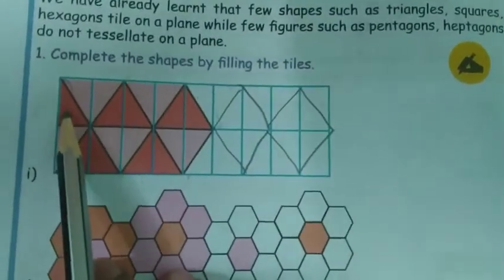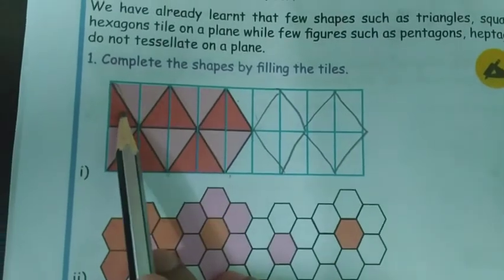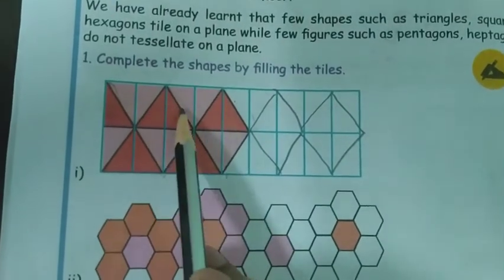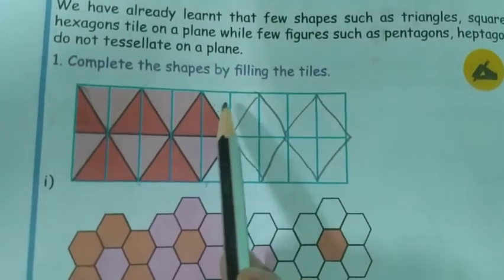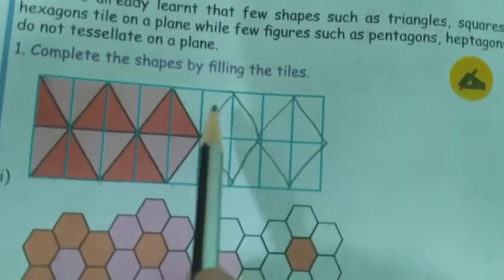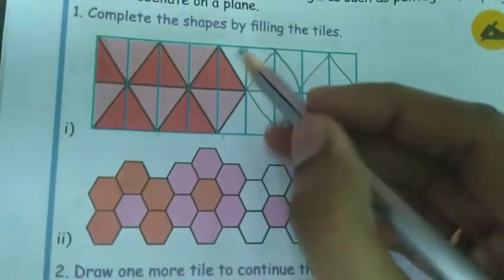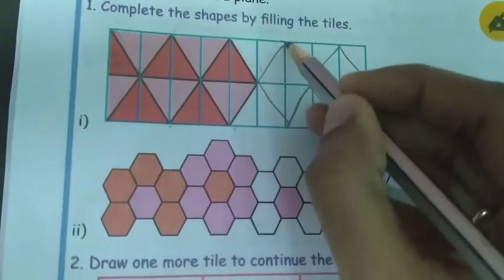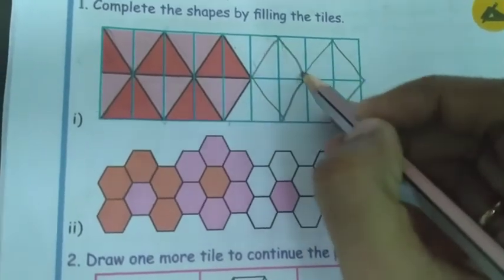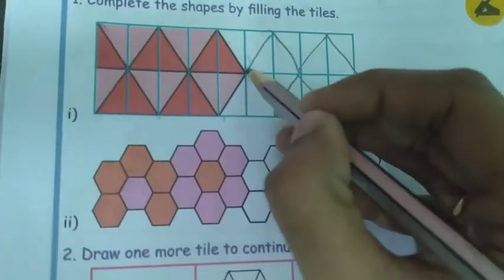Okay. What is this? Red, pink, red, pink, red, pink. Then after what? Okay? For this V shape we want to give the pink color and the triangle shapes we want to give the red color.